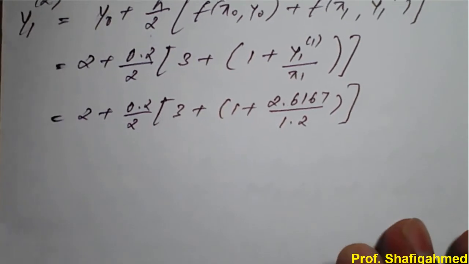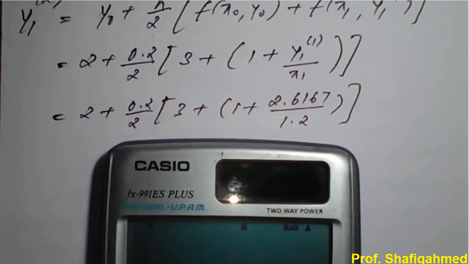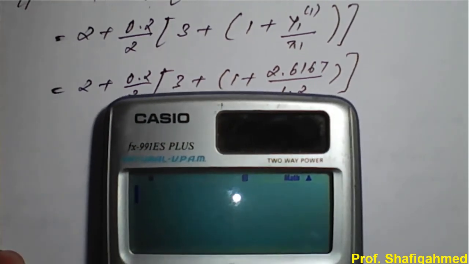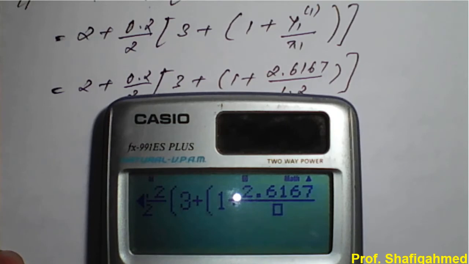So now take the calculator and simplify once again. So on simplification, you type it once again. It is nothing but 2 plus fraction 0.2 divided by 2, bracket 3 plus bracket 1 plus fraction again, it will become 2.6167 divided by 1.2.